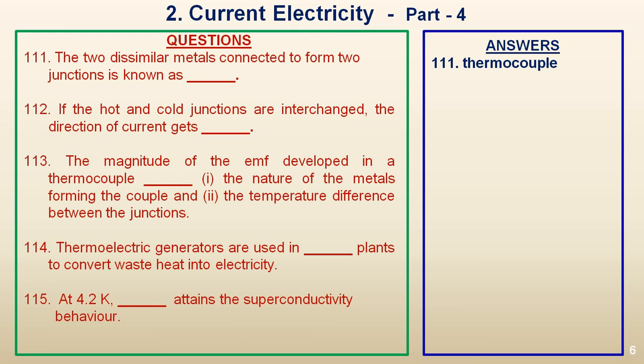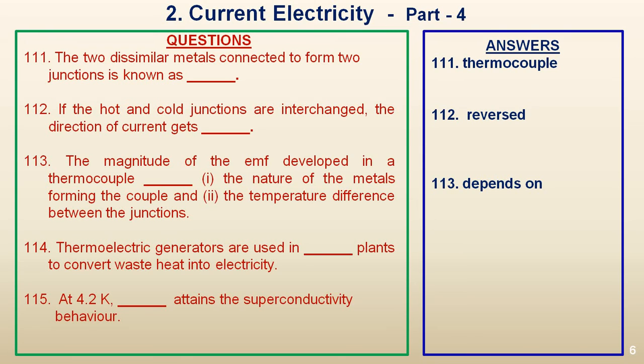If the hot and the cold junctions are interchanged, the direction of the current gets reversed. Question number 113. The magnitude of the EMF developed in a thermocouple depends on 1. The nature of the metals forming the thermocouple and the temperature difference between the junctions. Question number 114.